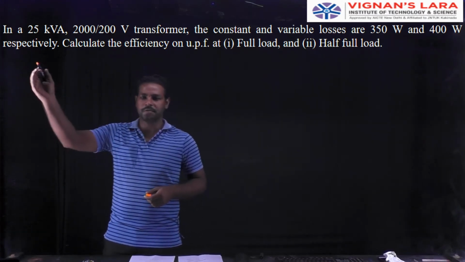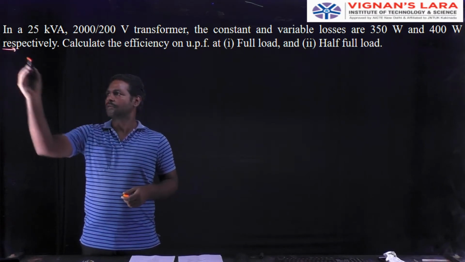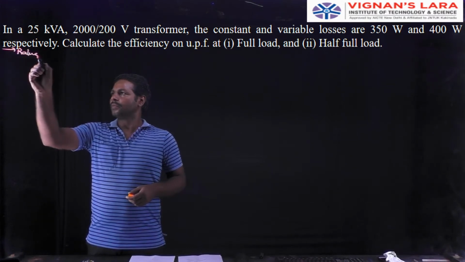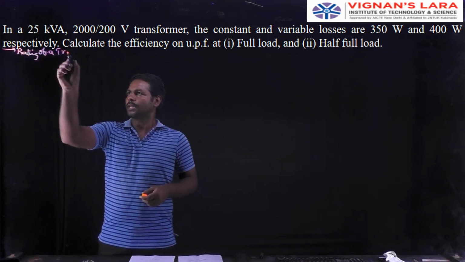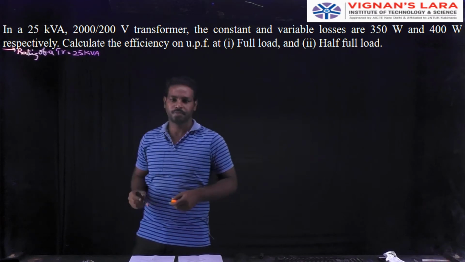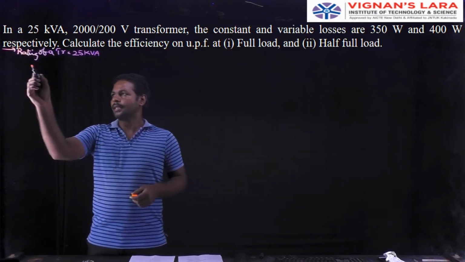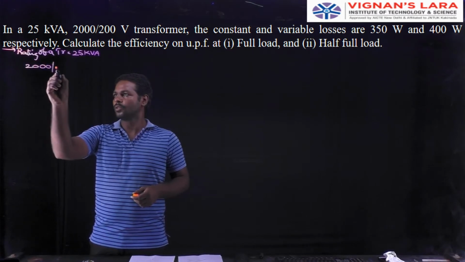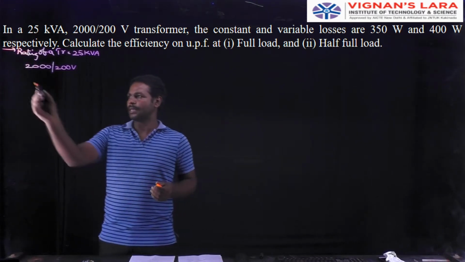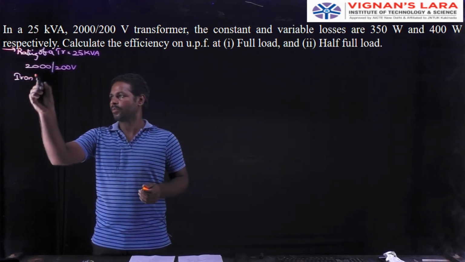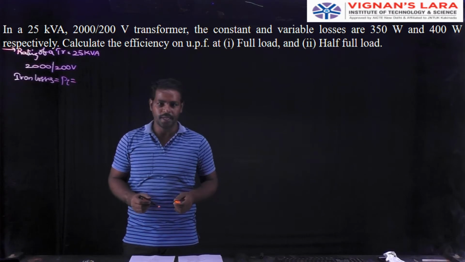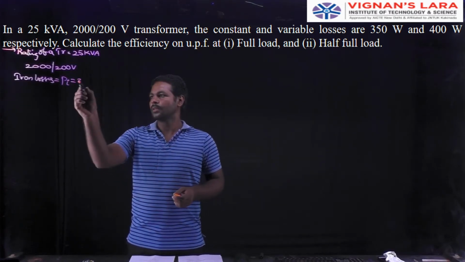The rating of a transformer is 25 kVA. Voltage is 2000 by 200 volts. Constant losses, that means iron losses, also denoted by Pi, is equal to 350 watts.